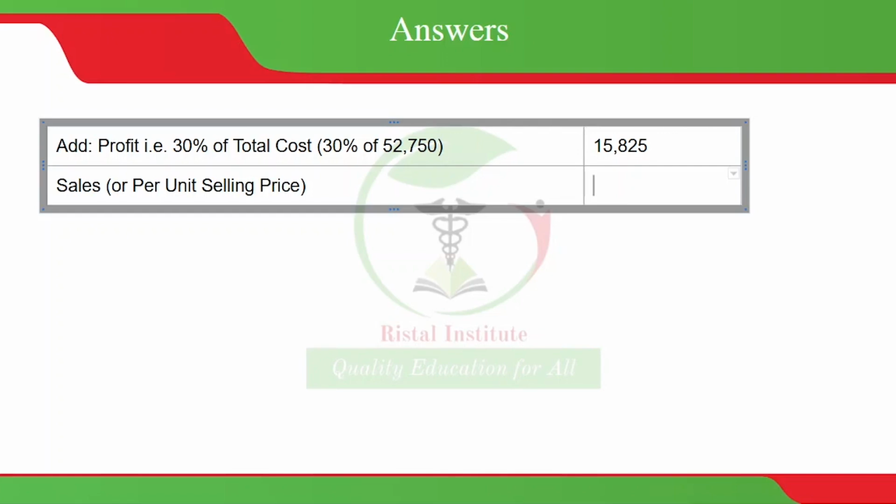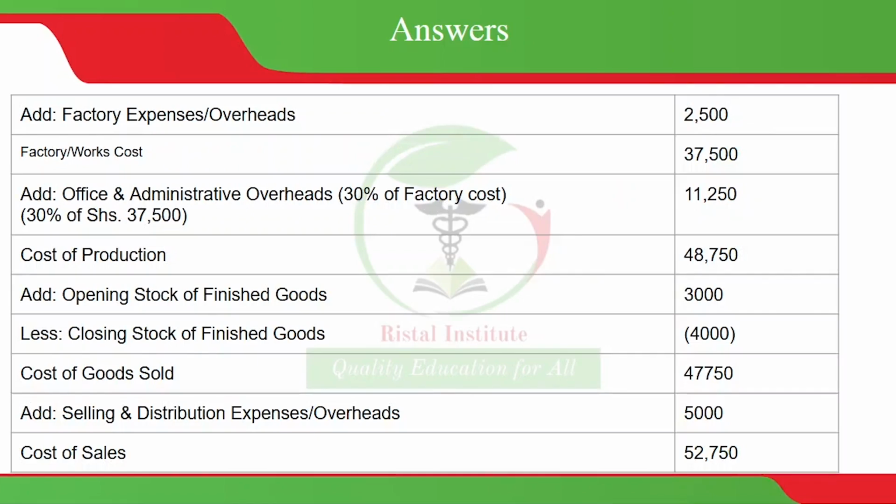So to get the sales or the per unit selling price, we add the cost of sales plus the profit. The profit is 15,825 plus the cost of sales, which is 52,750.